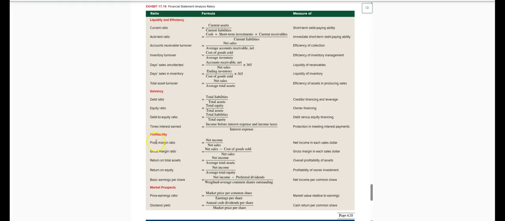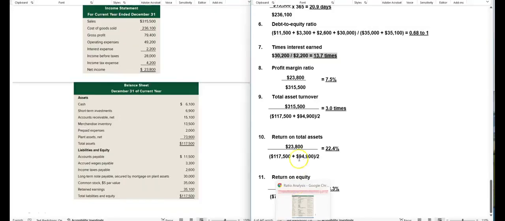Profit margin ratio, net income divided by net sales. Profit margin is going to be our net income of 23.8 divided by total sales of 315.5, 7.5%. Income is 7.5% of the sales.